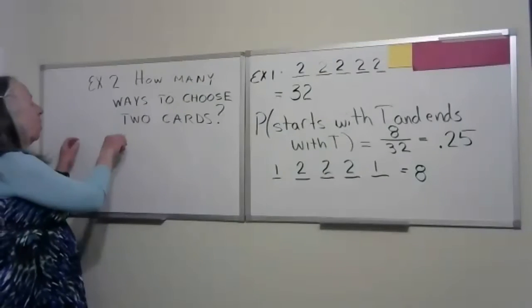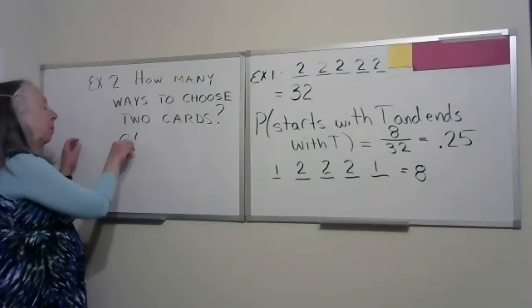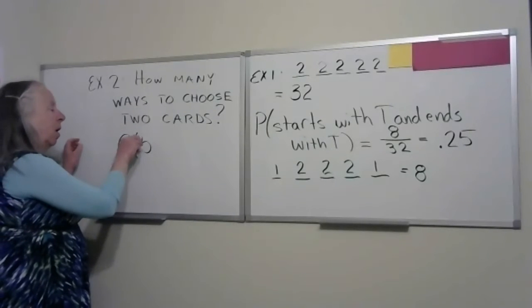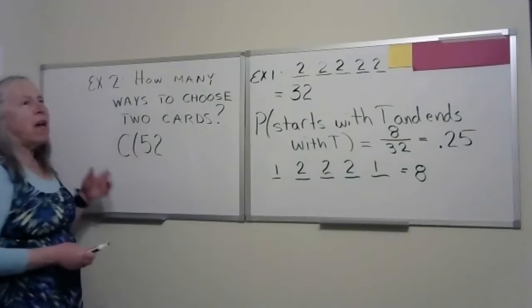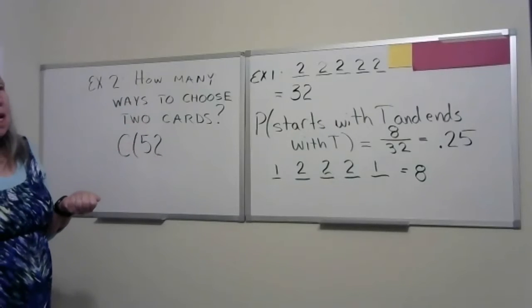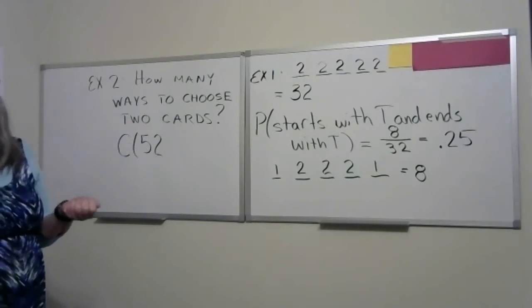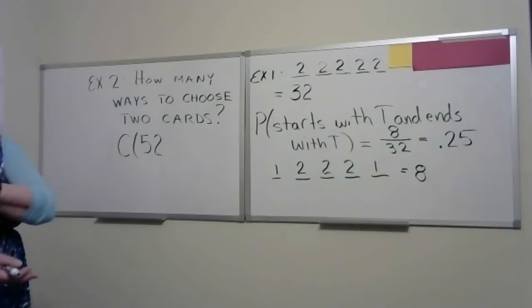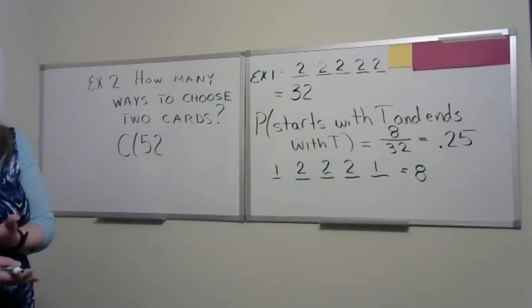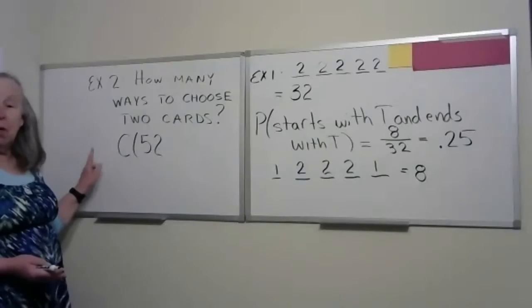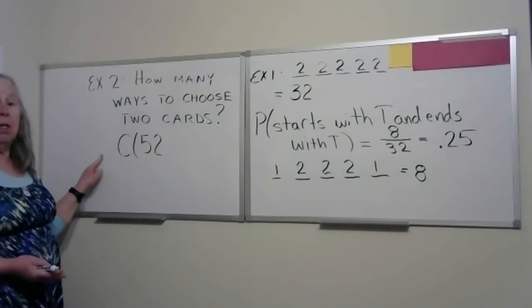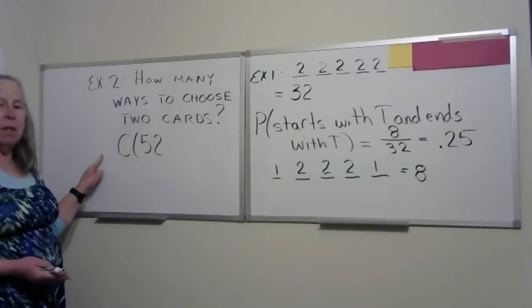Okay, so this is like when we were doing poker hands. If I get an ace of hearts and then a 10 of clubs, or a 10 of clubs and an ace of hearts, that doesn't matter. So we're going to use combinations to choose those. Does that make sense, Kayla? Yeah, it does.